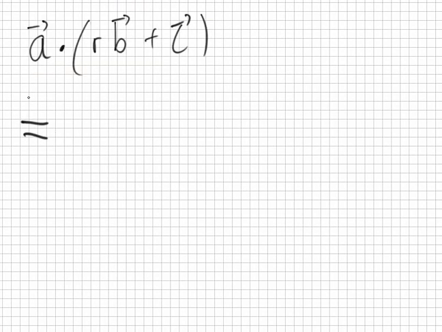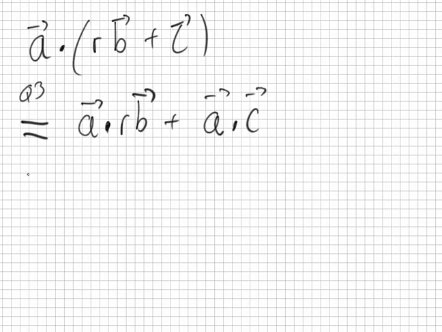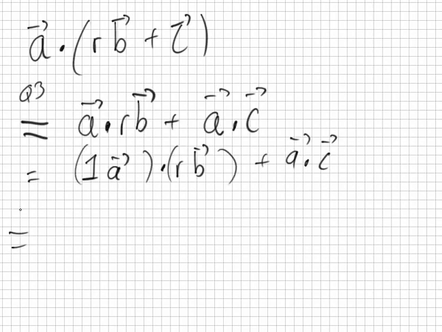From question number 3, we've shown that this can be written as A dot constant B plus A dot C. And then we showed from question 5 that the constant can be taken in front, so that'd be constant times A dot B plus A dot C. And then that's the end of that proof.